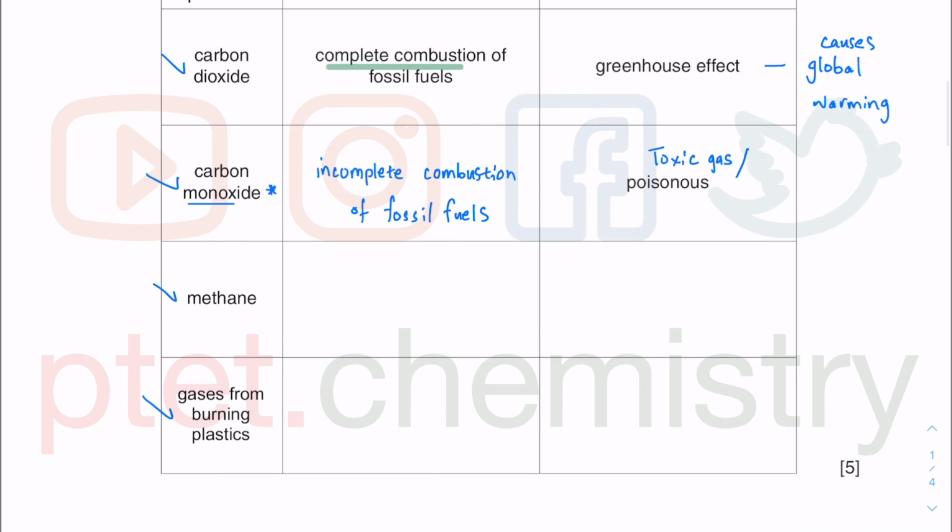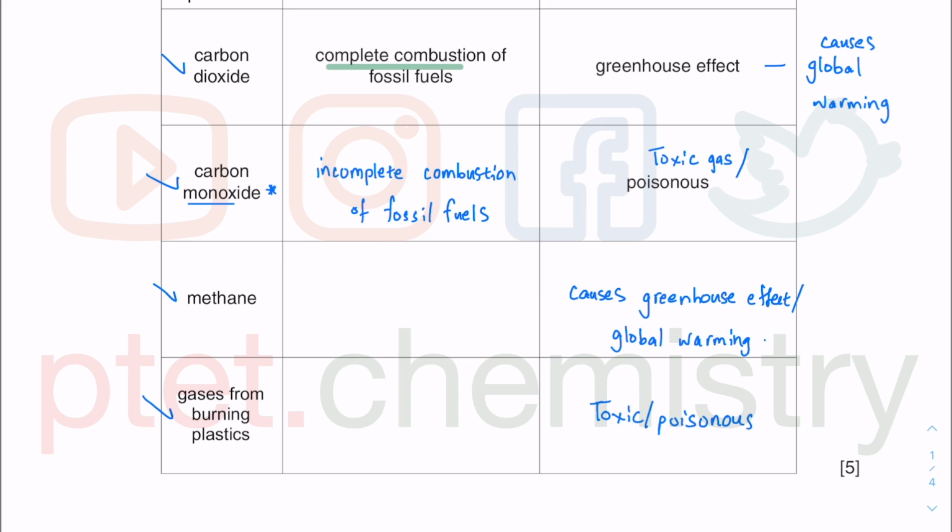Methane is another greenhouse gas, so it can cause the greenhouse effect, and the greenhouse effect can cause global warming. So you can say causes greenhouse effect or causes global warming is entirely okay. The gases from burning plastic are toxic or poisonous gases, so it's the same danger as the release of carbon monoxide.